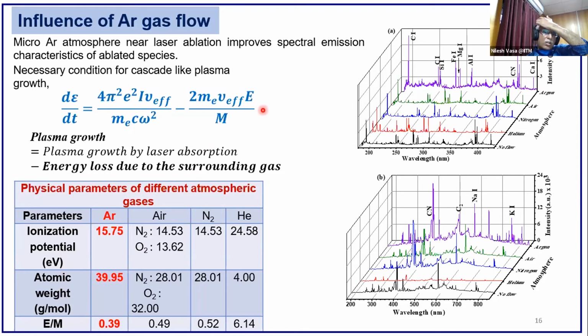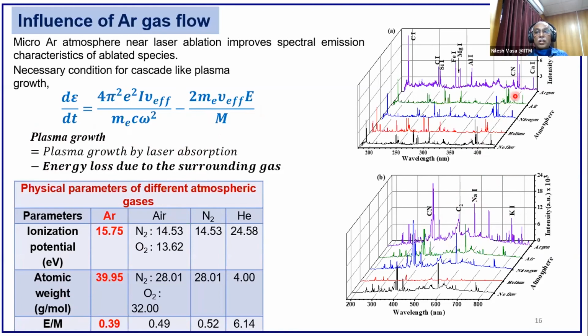If it is small, automatically it will provide better plasma growth, and that plasma growth improved the optical emission lines, distinct lines of carbon, as well as very distinct C2 bands, corresponding to the carbon emissions. Why?